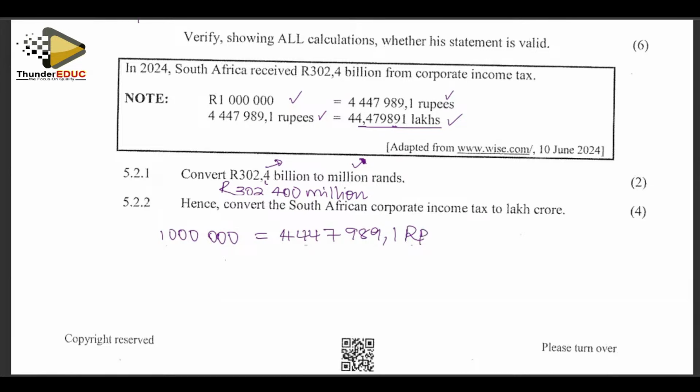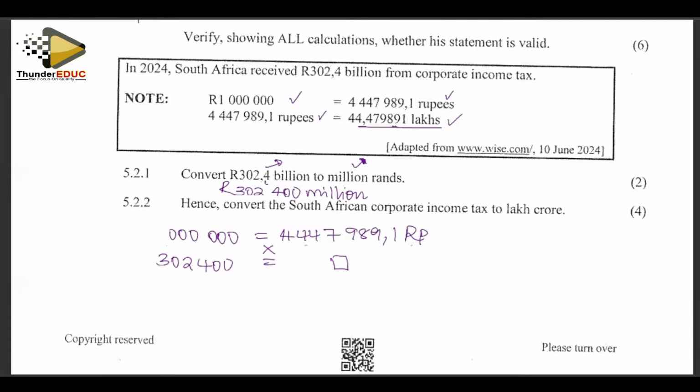We are converting the South African to Lakh crore. So there's no South Africa to Lakh crore. It's rupees, then we have to change the money to rupees. So this is 302,400 equals to a given number here. Multiply, and divide by 1,000,000.